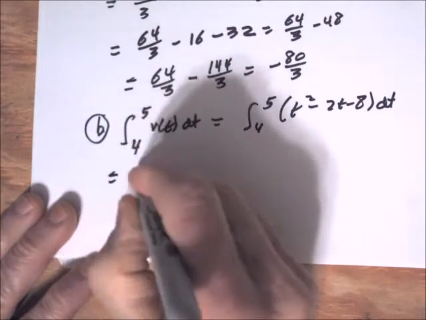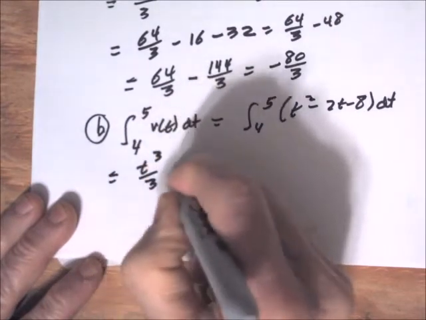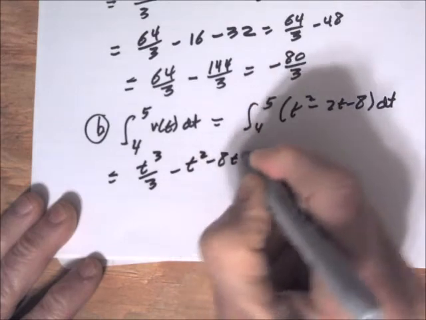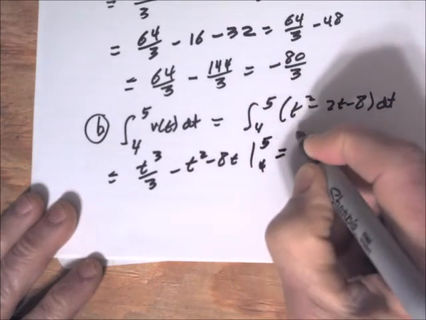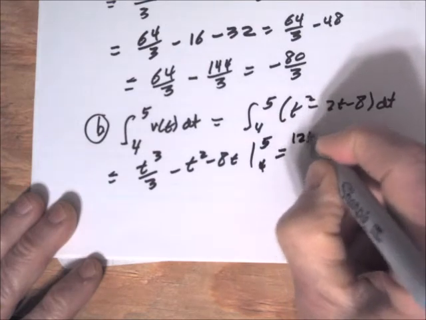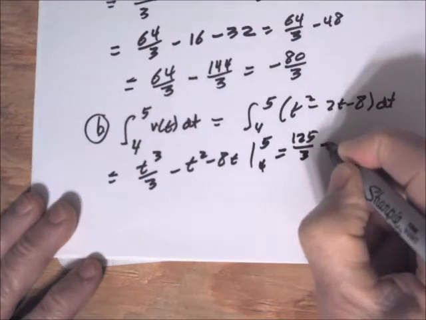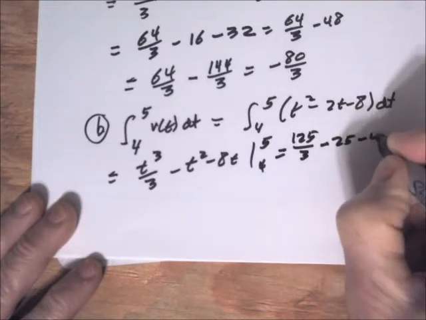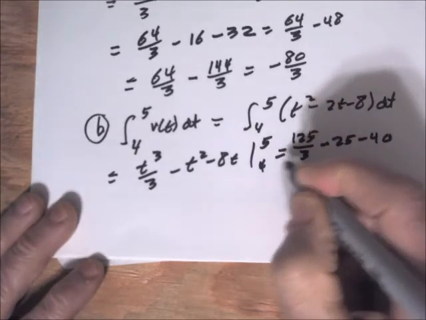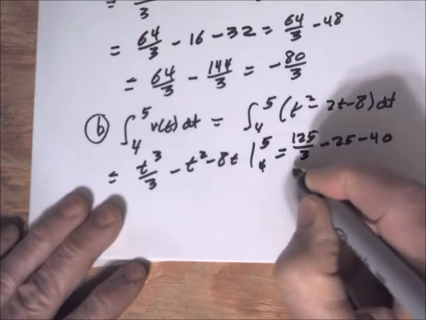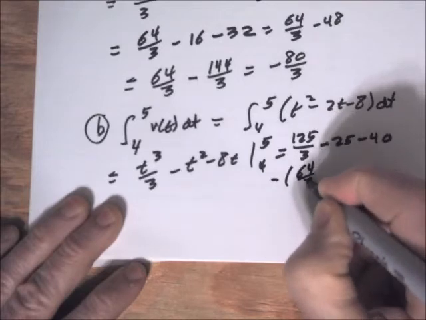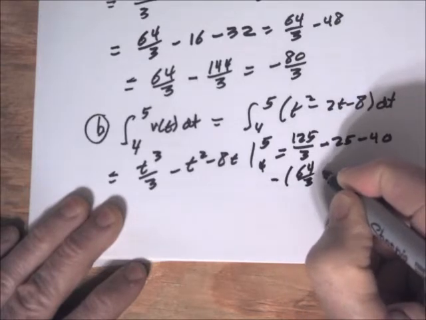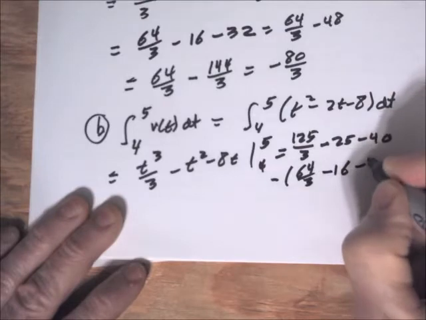And we take the antiderivative, it's t cubed over 3 minus t squared minus 8t. Evaluate it at 4 and 5. If we put in 5, we get 125 over 3 minus 25 minus 40. And if you put in 4, you get minus 64 over 3 minus 16 minus 32.